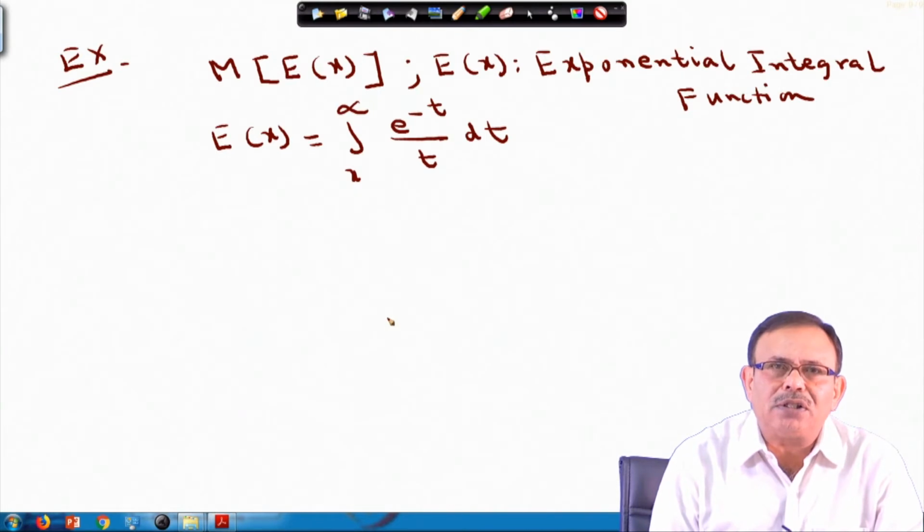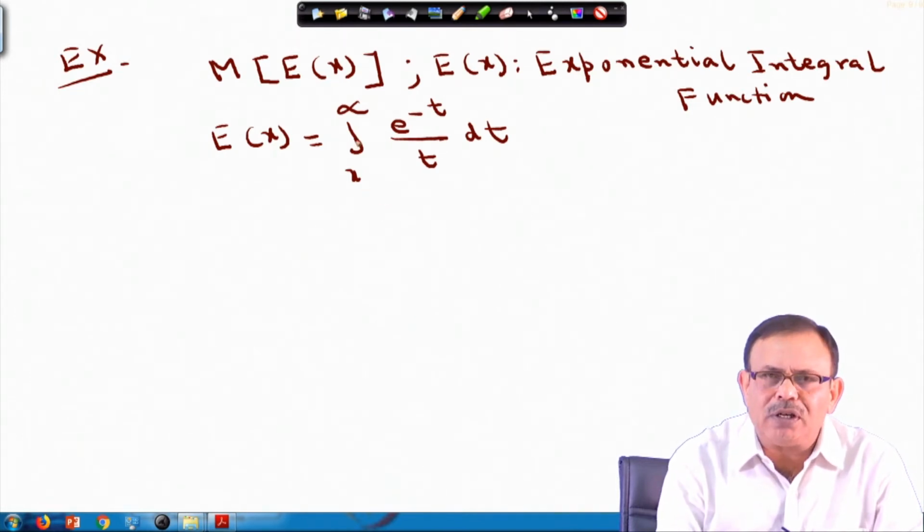The function is a little bit peculiar, but this type of function appears in real life in various problems. We have taken examples which are very frequently used, so that you can directly use the Mellin transform of these particular functions.